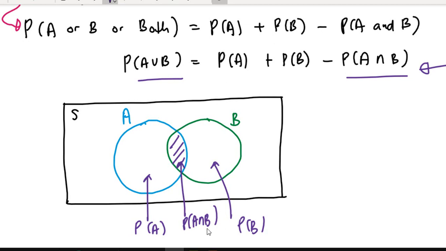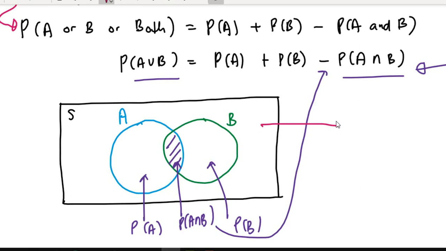The intersection region has been double counted. We have to deduct one of the overlaps, so that's why we need to subtract P(A intersect B).